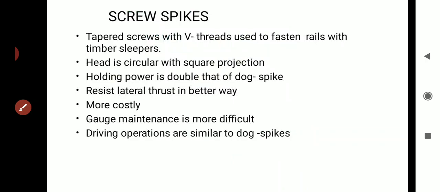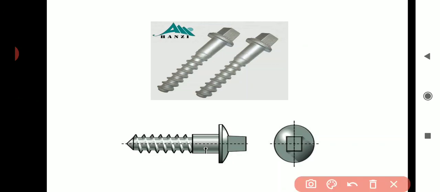These screw spikes are generally tapered screws with V threads used to fasten rails with timber sleepers. Here also these screw spikes are used to connect the rails with the wooden sleeper, and its threads are generally V shaped, and its head is circular with a square projection.